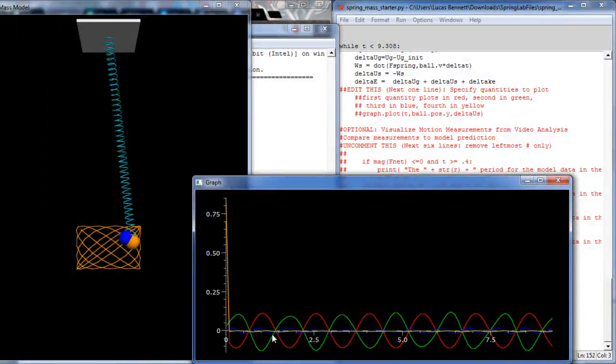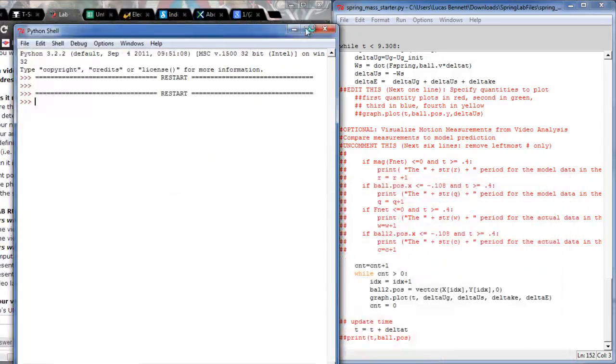And then there's also a yellow line down here that is actually equal to 0 because all these energies cancel out. So that is showing that the law of conservation of energy is satisfied, and that physics is actually right in this case.